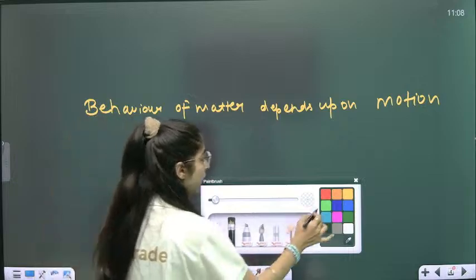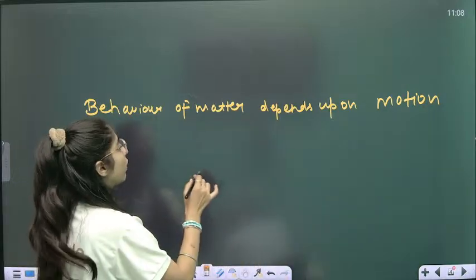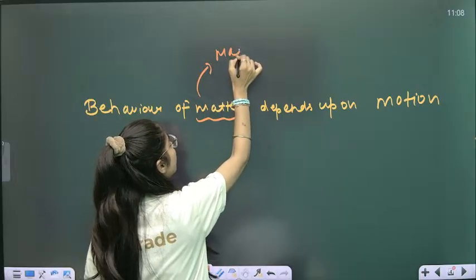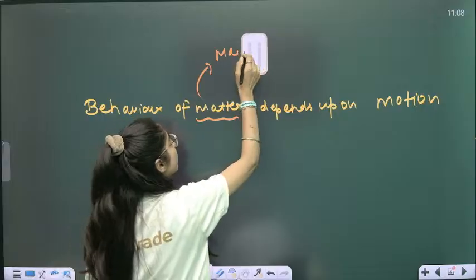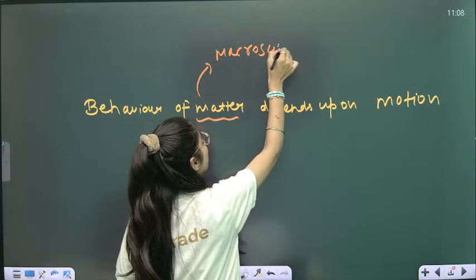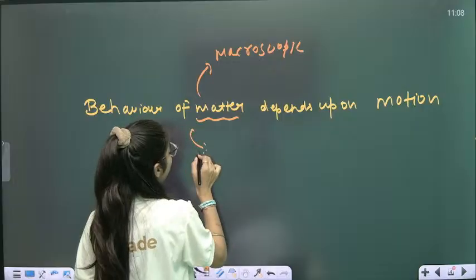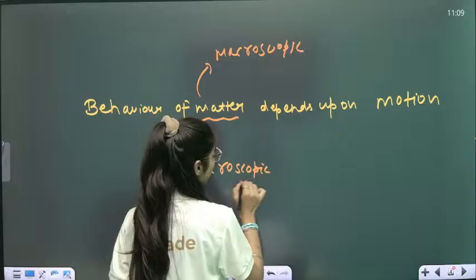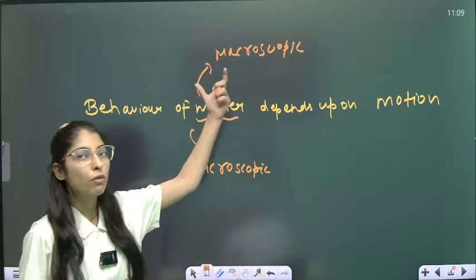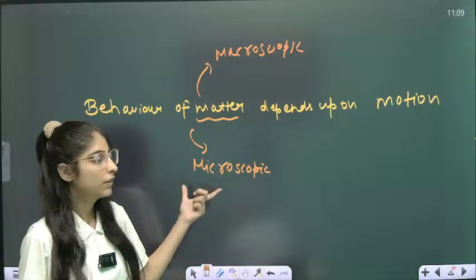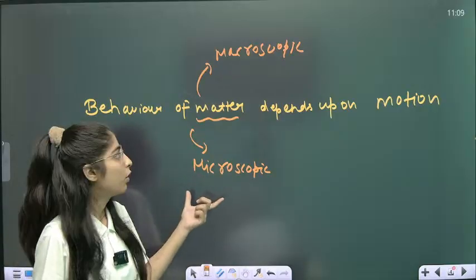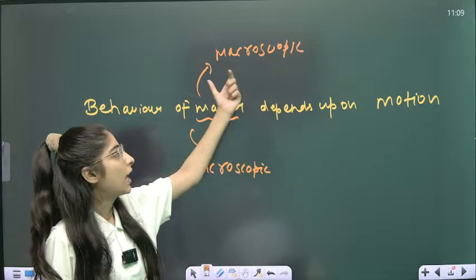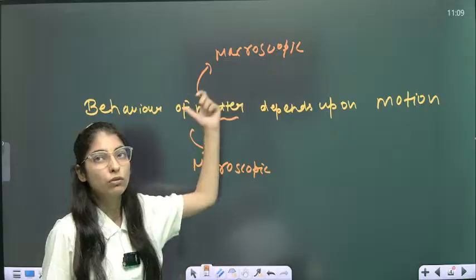Here we all know that if we are talking about matter, then it can be macroscopic, and its nature can be microscopic. If we are talking about quantum mechanics, then we are going to discuss the nature that is microscopic. If we are talking about classical mechanics, classical mechanics talks about macroscopic particles.